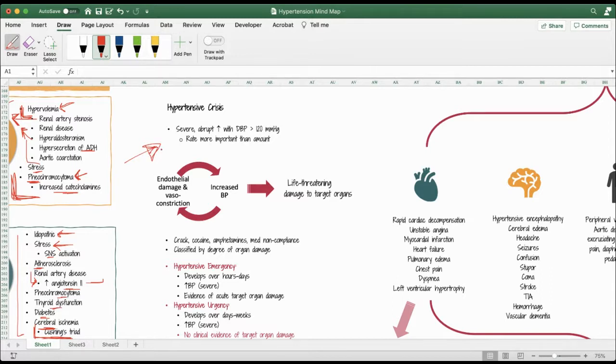So hypertensive crisis is a severe, sudden increase in your blood pressure, always with your diastolic blood pressure high. A diastolic of 120 is a bit high, but for textbook purposes, 120 millimeters of mercury is how they decide this is a hypertensive crisis. It went up very severely, very abruptly. The diastolic is above 120.